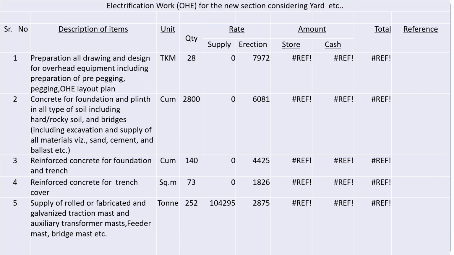For a big yard, you don't need a neutral section if it is in the same DFCCIL section. But for siding, like Jawaharlal Nehru Port Trust, this is a long railway line, and here it will run double stack wagon, double stack freight service. So the height of the conductor is high, but it is 25 kV.